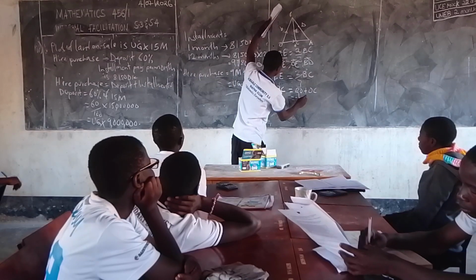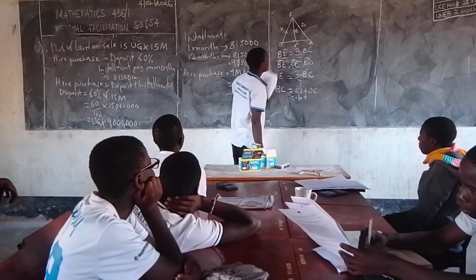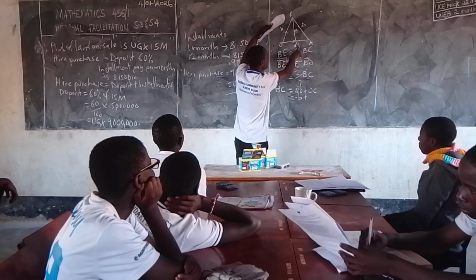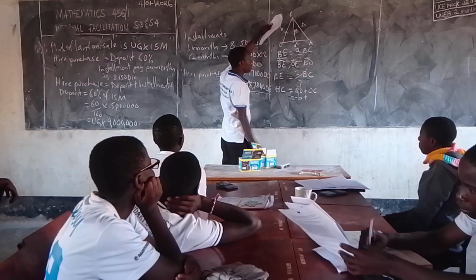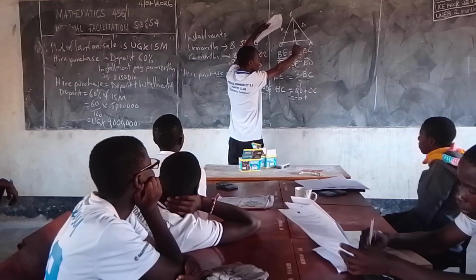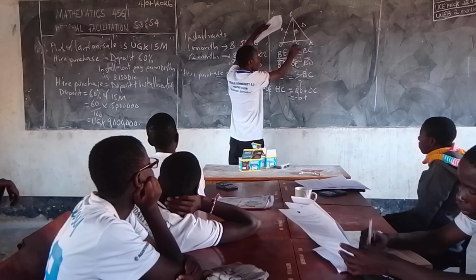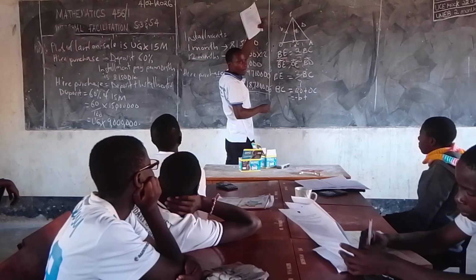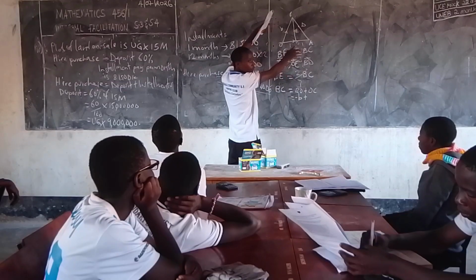So it is negative B plus, being that C is in the middle of OA, the ratio of the distance here is 1 to 1, because the distances must be equal.